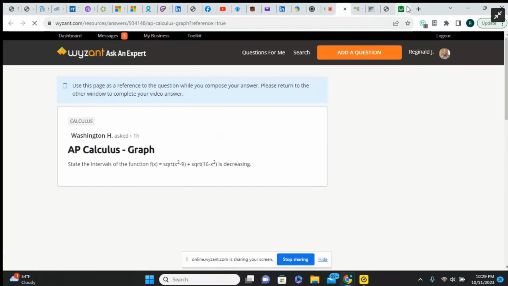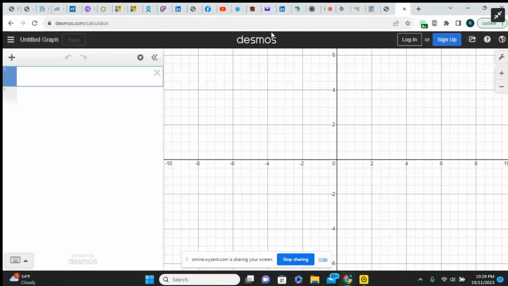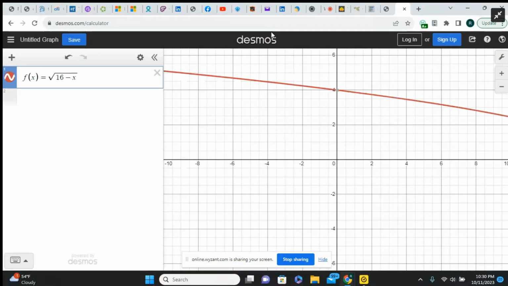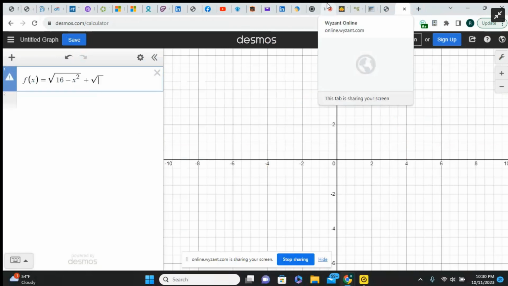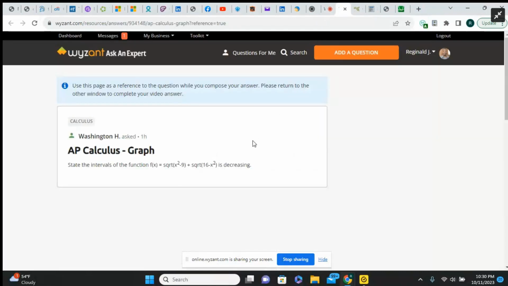So the original function: x is the square root of 16 minus x squared plus the square root of x squared minus 9.